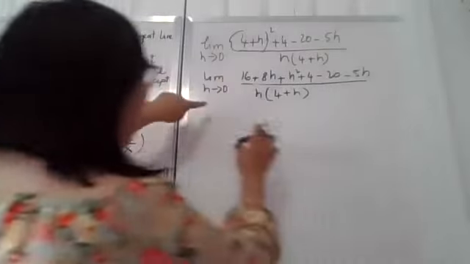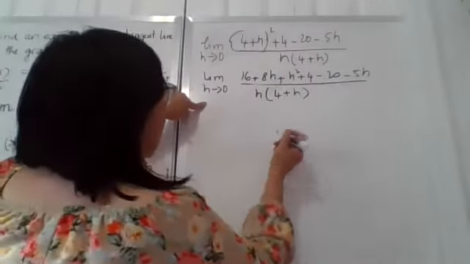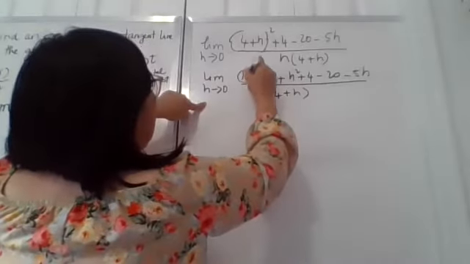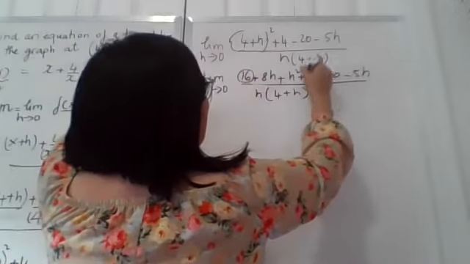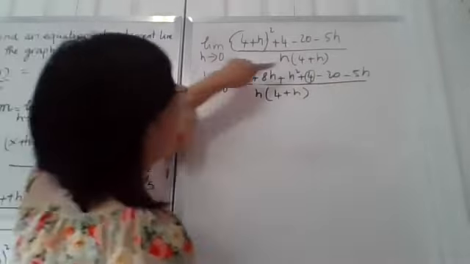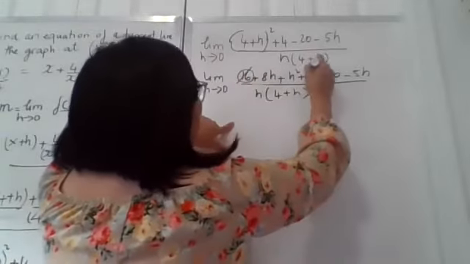Now let's simplify this a little bit more. If I add the 16 here with the 4 here, what do I get? I get 20. And 20 minus 20, they're gone, right?